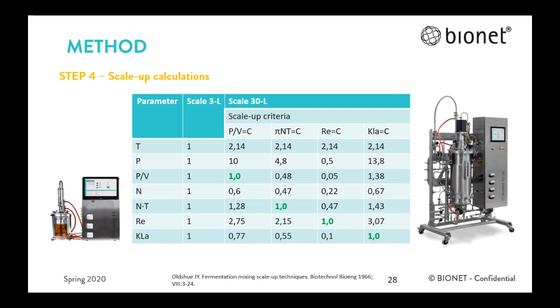Therefore, scale-up in aerobic fermentation is often performed based on keeping the volumetric mass transfer coefficient KLA constant, or, if the concentration of oxygen is negligible compared with the concentration of oxygen in the equilibrium in the culture broth, keeping the oxygen transfer rate also constant. Then, in practice, usually the best criteria for scale-up are to maintain the power input per unit volume or the volumetric mass transfer coefficient constant.